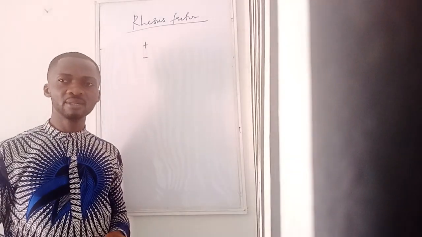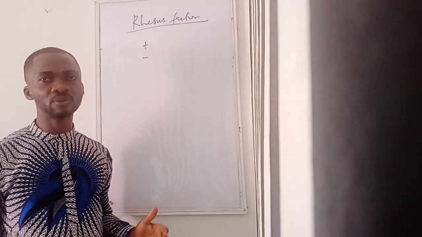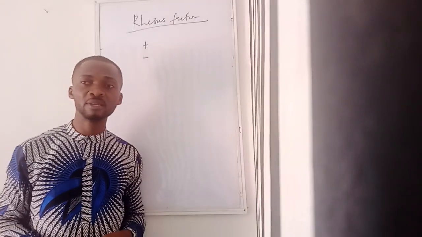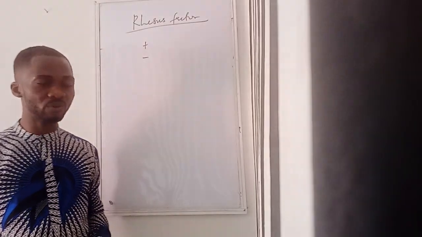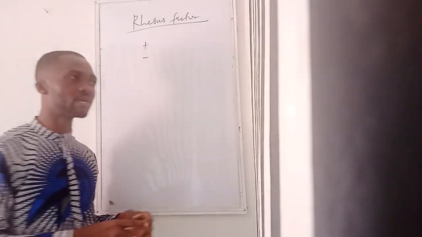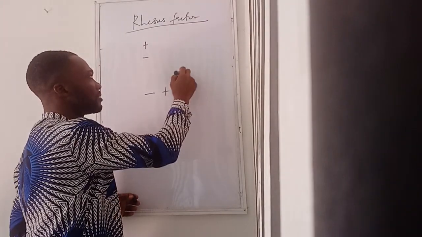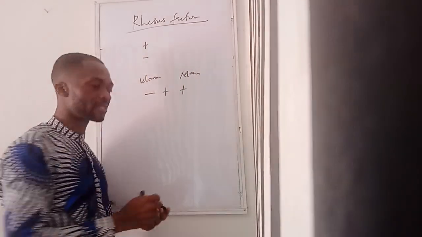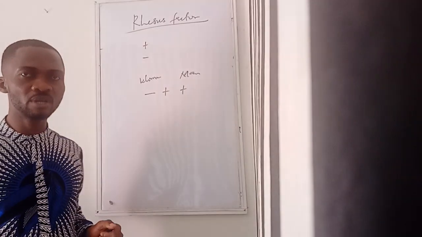It's important that intending couples learn about their rhesus factor, because it has a role to play in whether the child, especially the second child, will survive or not. Let's assume that the wife is negative, and she marries a man that is positive, and let's assume that the man is homozygously positive.